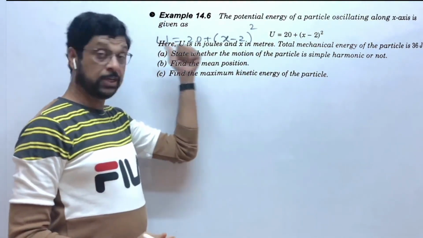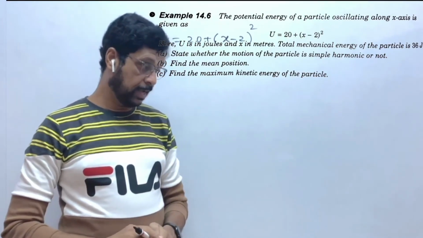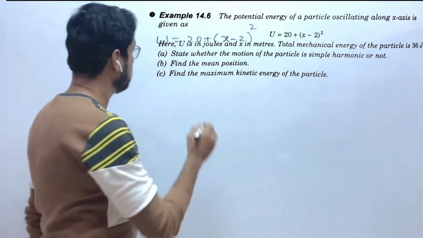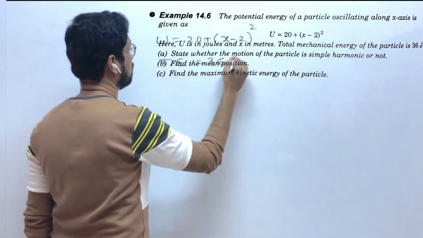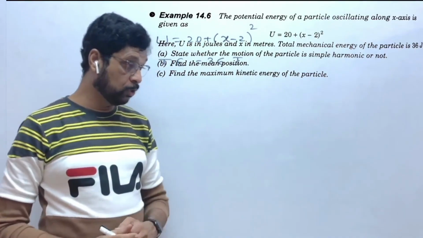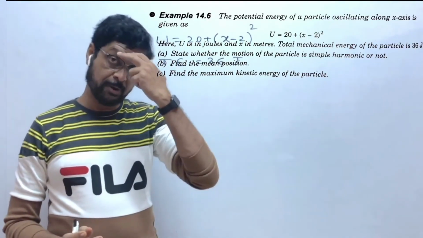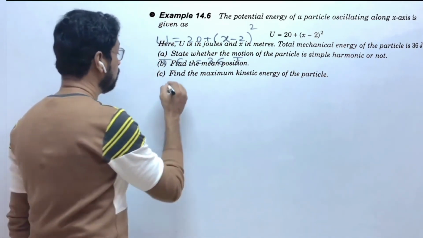This is the potential energy. Okay. U is in joules, x is in meter. Total mechanical energy is 36 joule. Total energy is 36 joule. Okay. State whether the motion is simple harmonic or not. We have to find whether this motion is simple harmonic or not.